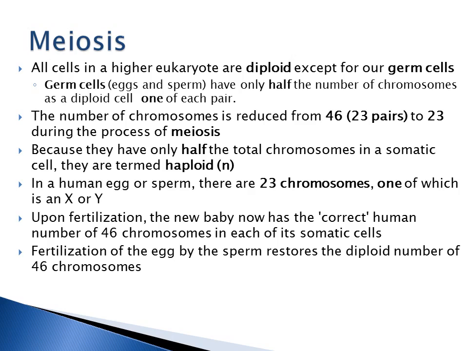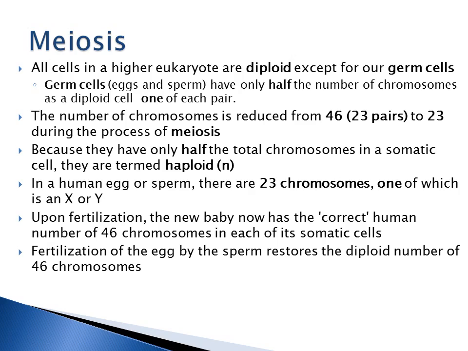They only have half the number of chromosomes as a diploid cell. So instead of having 46 chromosomes, you have 23. Because you only have half of the total chromosomes in the somatic cell, they're termed haploid. So in a human egg or a sperm cell, there are 23 chromosomes.